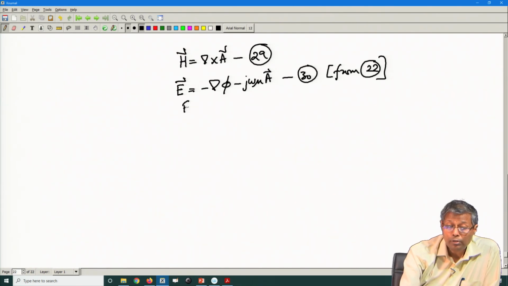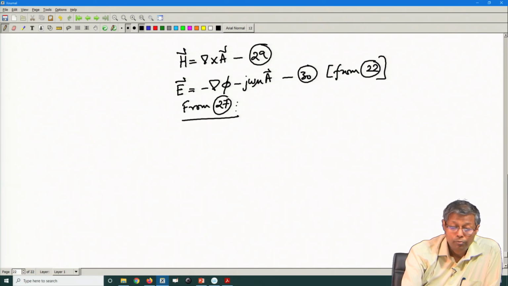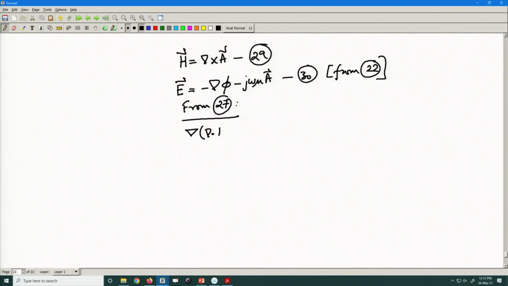So, from 27 we have grad of divergence A equal to minus j omega epsilon grad of phi.